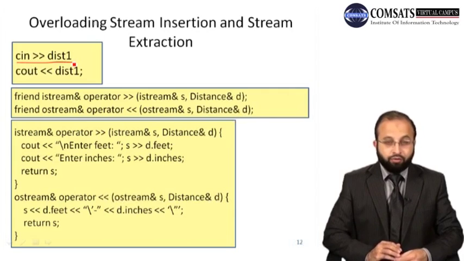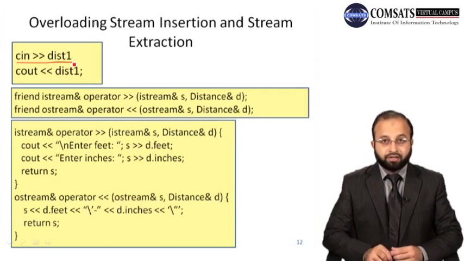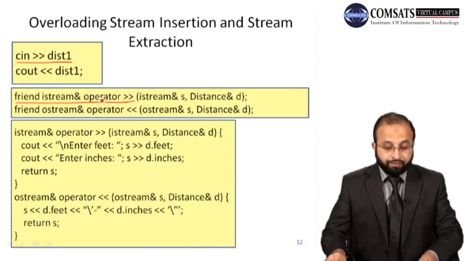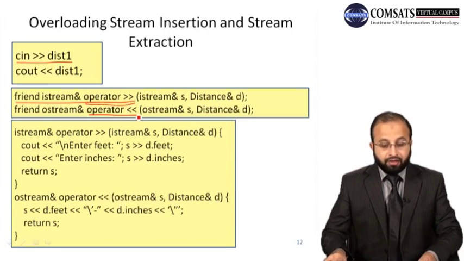Because we haven't overloaded the stream insertion and stream extraction operators, right? To overload them, you have to make these operator functions, operator greater than sign and operator less than sign, friend functions to the distance class, right?